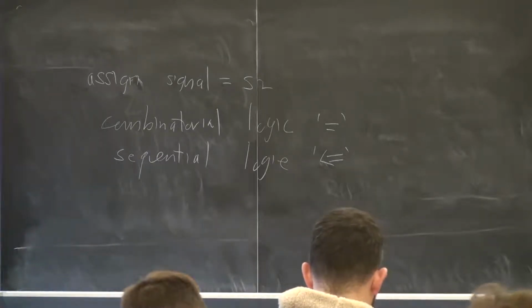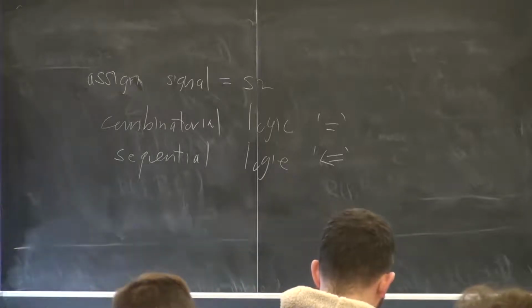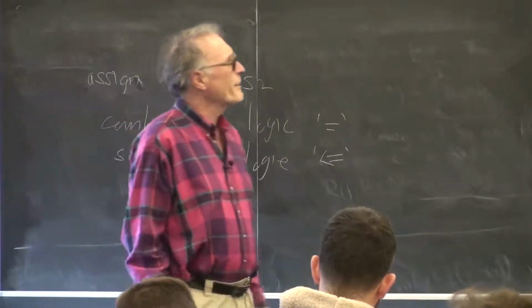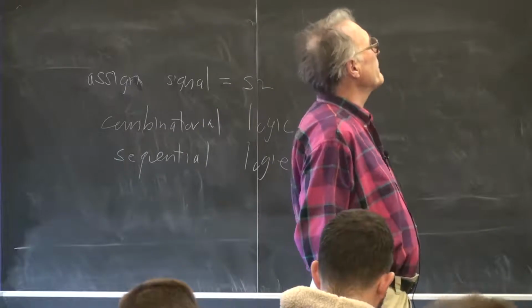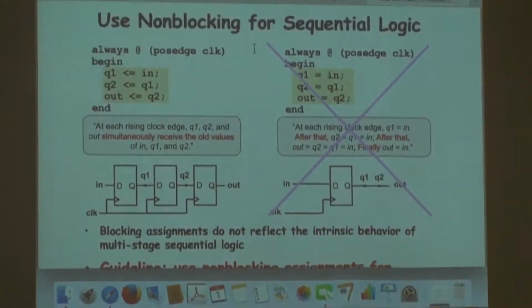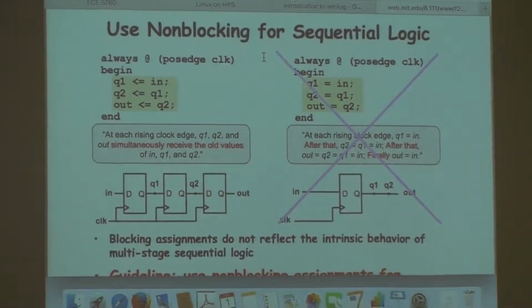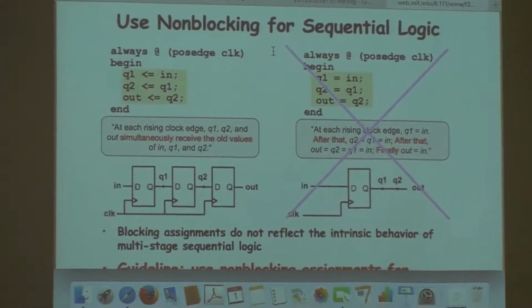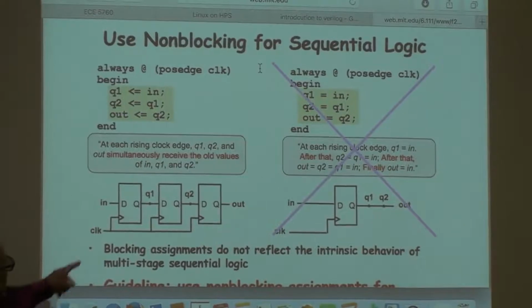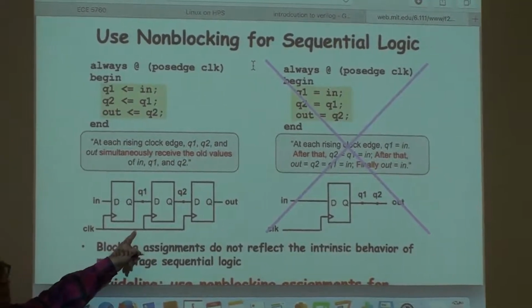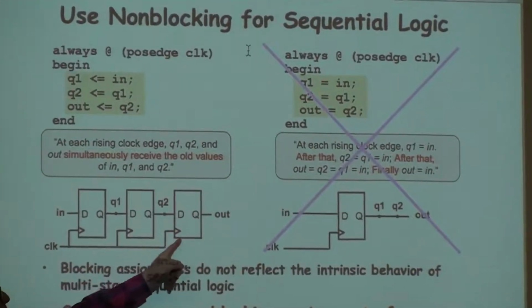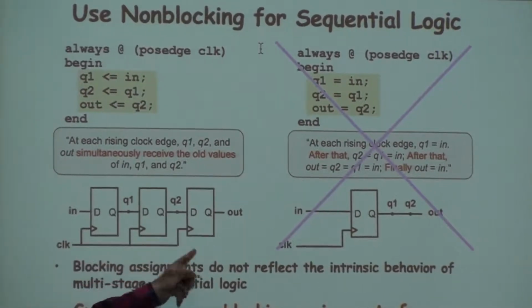Now, what's the difference? Well, there's a couple of examples. This is from MIT. It was some nice slides, so I used them. Let's look at non-blocking sequential logic first. Let's say this is the circuit we want to model, which is some sort of shift register.